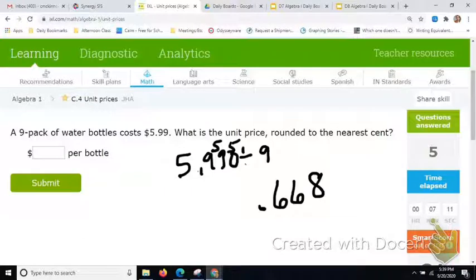Now, when I do this, if I was doing it by hand, it still hasn't actually come out evenly. By the way, if you're wondering what I did here, I said 9 into 59.